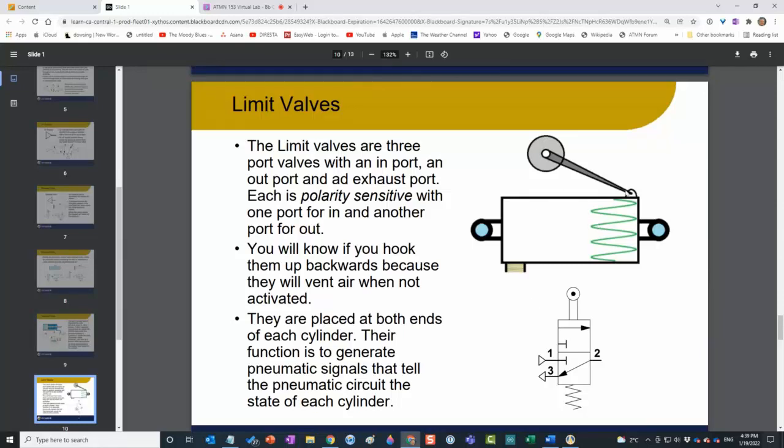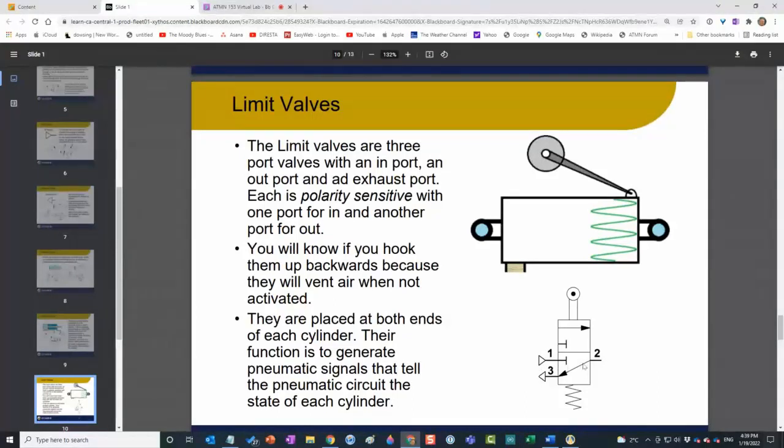And what's going on here, a limit valve is going to have a spring in it for sure. All limit valves have springs in them because one thing that activates them is a cylinder extending and hitting its limit. And when the cylinder goes away, they go back to their normal state. Now, in this case, this is a normally non-passing, or I can call it a normally closed limit valve.